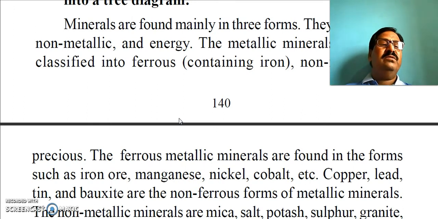How can you present this in a tree diagram? First, you have to understand what are the various elements in this particular paragraph, and you have to classify what kind of examples are given. So you can read, minerals are found mainly in 3 forms.